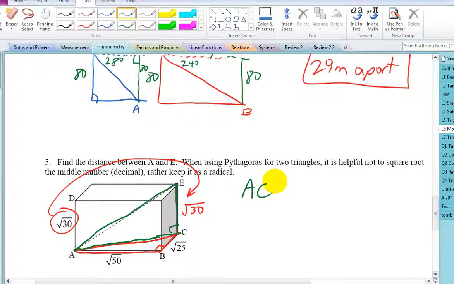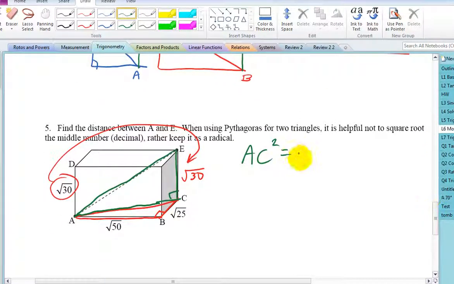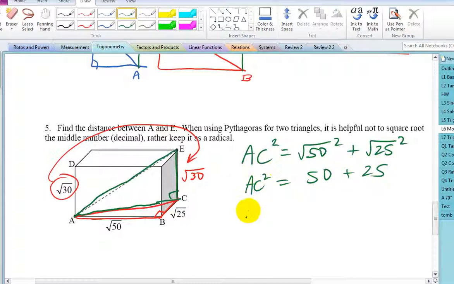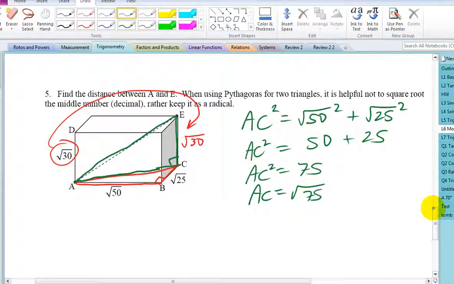So what we want to do is find AC first, doing Pythagoras. Okay. So we square the other sides, which is a thing of beauty because then you're just going 50 plus 25. And so AC equals square root 75. Okay. Then you have to find AE.